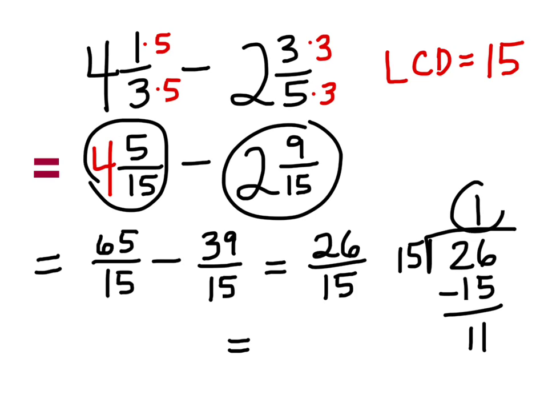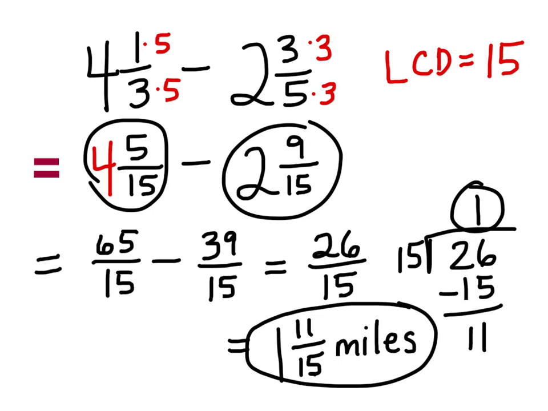So my answer, remember this is the whole number, 1, and then my remainder of 11 is the numerator, and the denominator doesn't change. So Emily walked 1 and 11/15 miles more than Katie.